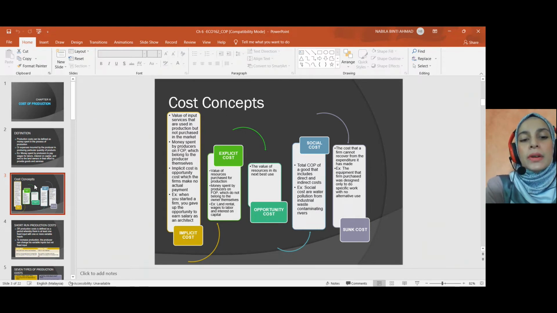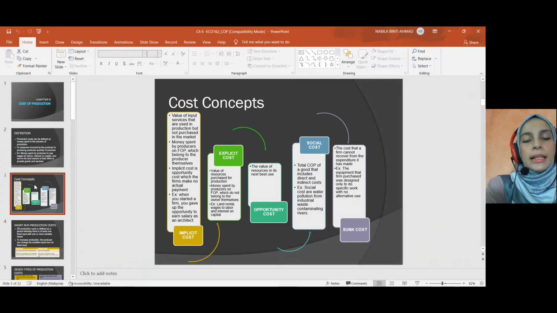Okay, so implicit cost pula, dia adalah boleh kita katakan sebagai opportunity cost, which the firms make no actual payment. So implicit cost ni dia tidak buat actual payment, tetapi dia adalah macam kos lepas. Contohnya lah, before this kita bekerja sebagai arkitek, gaji kita RM5,000. After a while kita nak berhenti jadi arkitek, kita nak buka bisnes kita.